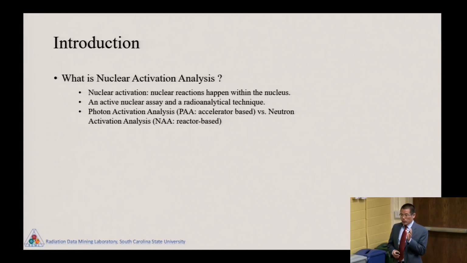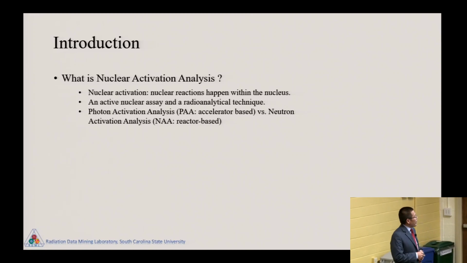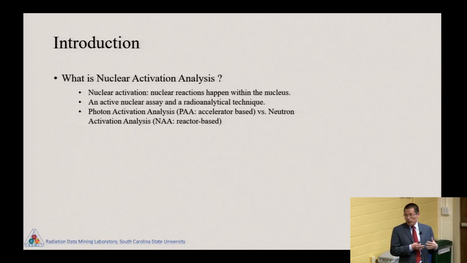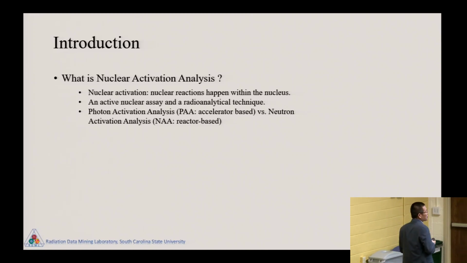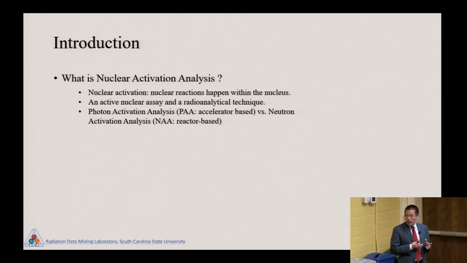Usually, according to the irradiation sources, we divide it into two kinds. One is photon activation analysis. It's accelerator-based. We use high energy photon rays, gamma rays, to irradiate the sample. Or we use thermal neutrons. It's reactor-based. We have a reactor with thermal neutrons and epithermal neutrons to irradiate the sample.